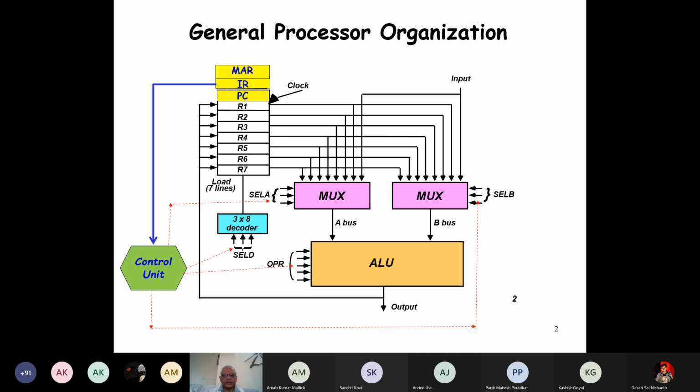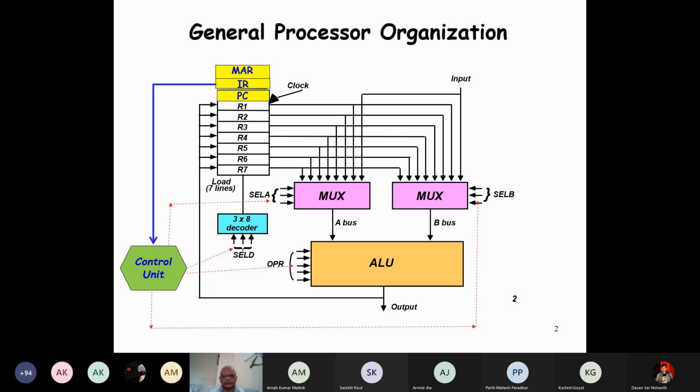And the memory address register, that's also a special register. As the name says, it contains the address of the data to be fetched. The program counter contains the address of the instruction to be fetched.